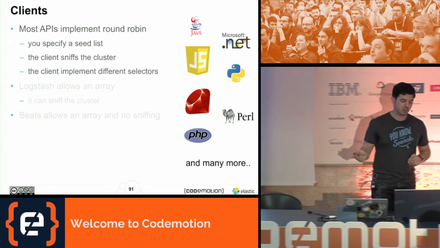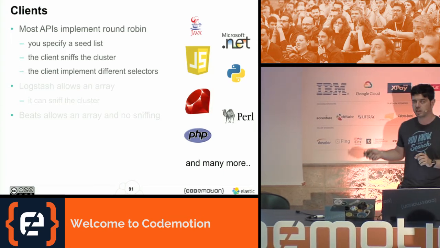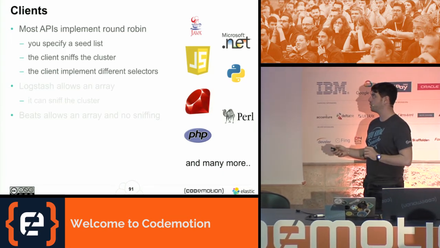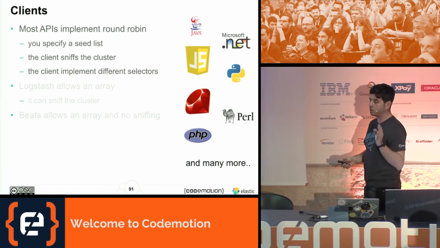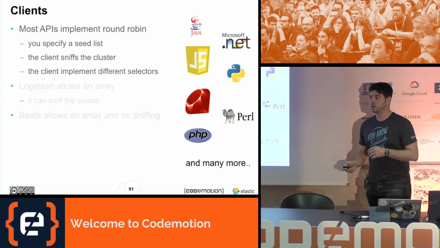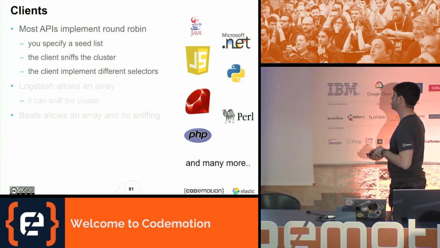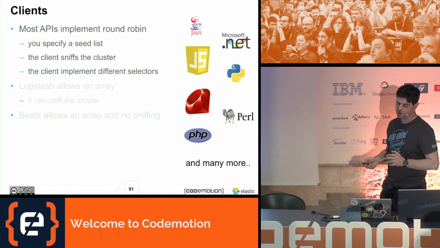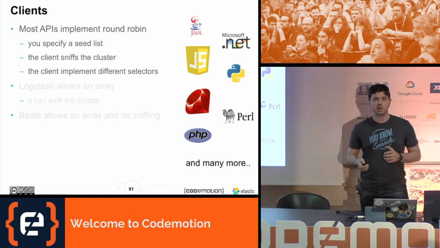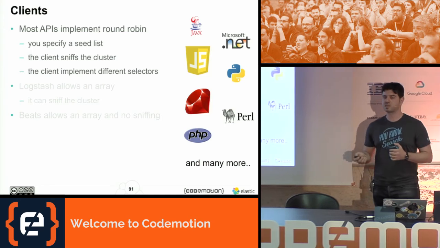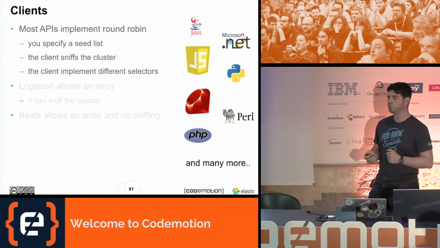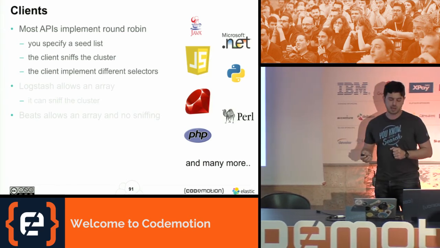You could technically use a fixed list of endpoints in your client settings. So you just say, I want to send the request to these 3 Elasticsearch nodes. However, sniffing is a better approach, it's smarter. Sniffing means the client will periodically poll the cluster and ask which nodes are actually available to accept requests.